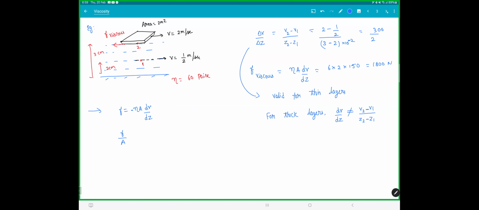This force is parallel to the surface. This is not pressure, so be careful. There is a different term for this. It's called shearing stress. We'll see later on. Pressure is force perpendicular to the surface area. So be careful. Don't write that F by A as pressure.